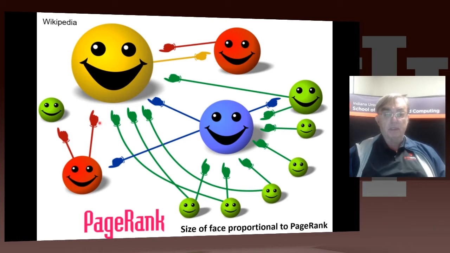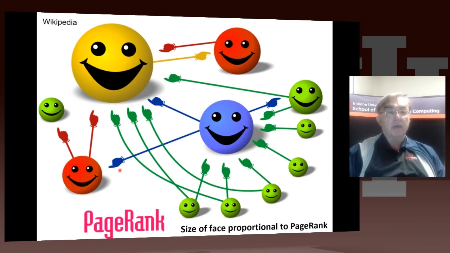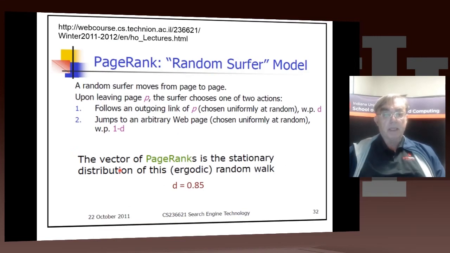The really happy one has lots of people pointing at that page. The size of the happy face is proportional to the size of the PageRank, which is calculated iteratively by first assuming a PageRank for all the pages. Then you recalculate the PageRank given their current importance and who links to whom. You calculate a new value, and then just iterate that idea, and it will converge. It's good when things converge. Some things always converge, and this always converges.